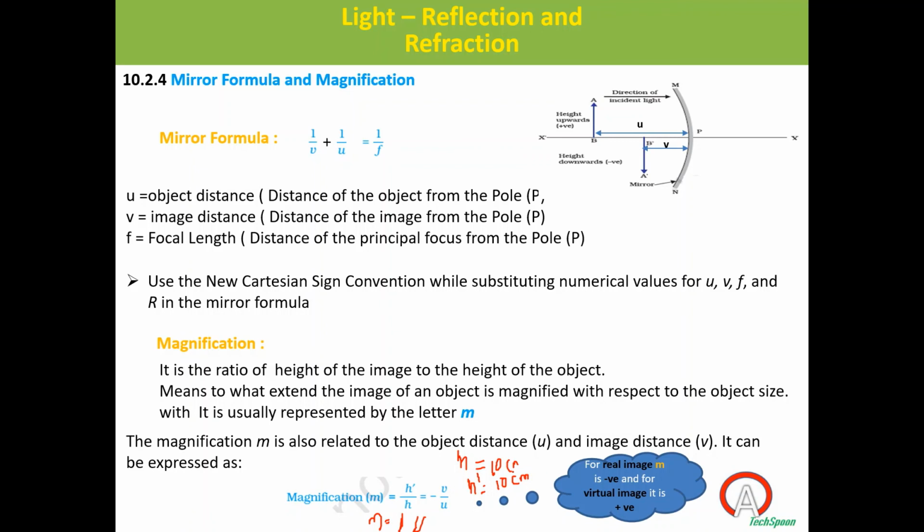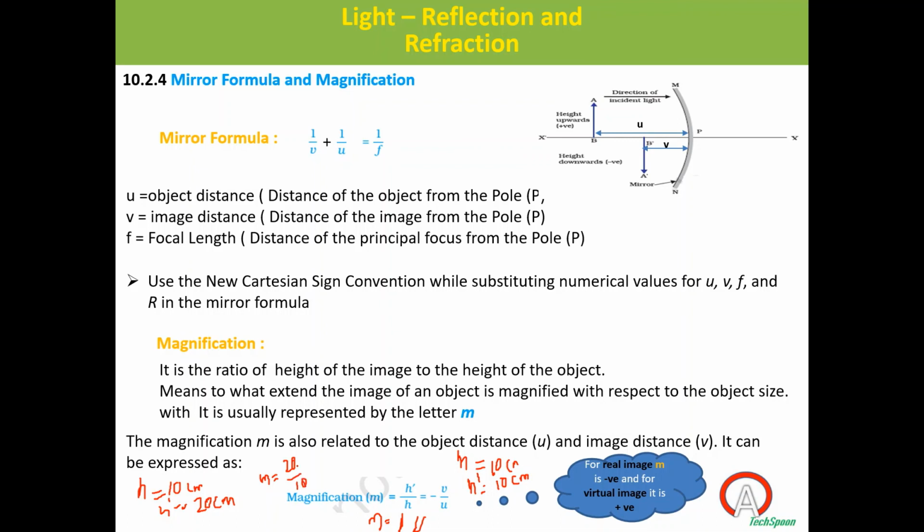Suppose the height of the object h is 10 centimeter. Then height of the image h dash is equal to 20 centimeter. So there is an enlargement, magnification, right? If you find m in this case, what will be the m, Vijit? 20 by 10, right?